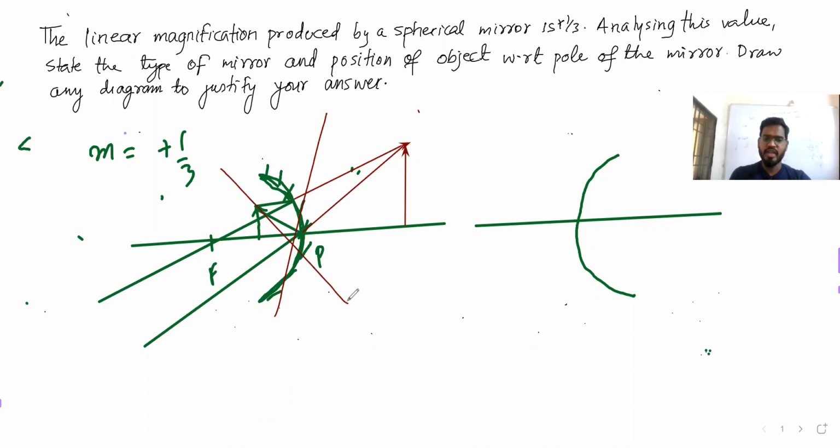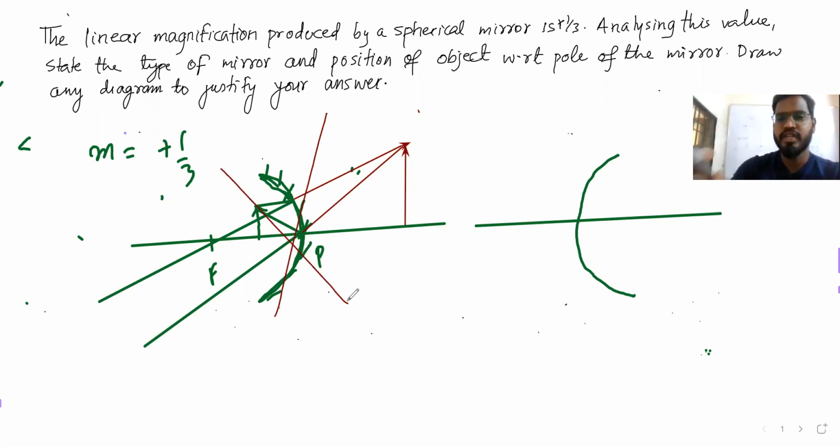For virtual and erect in a concave mirror, the object should be placed between pole and focus. That is what I did, and then I got the image behind the mirror, enlarged, bigger than the object size, which is not possible again. Why? Because magnification is plus 1 by 3, less than 1. So concave mirror is not possible.